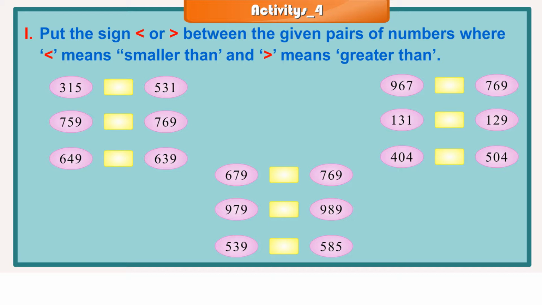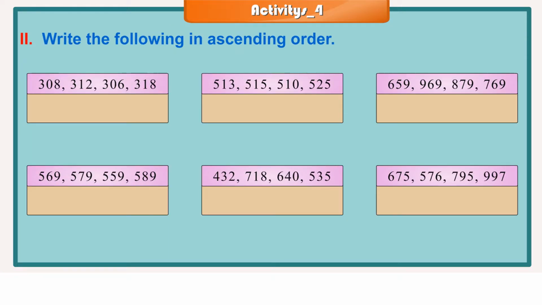Activity 4. Put the sign greater or smaller between the given pairs of numbers, where smaller means smaller than and greater means greater than. Write the following in ascending order.